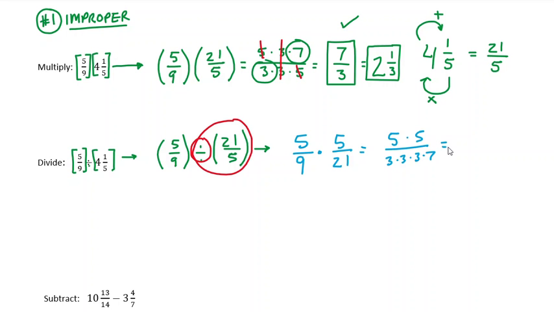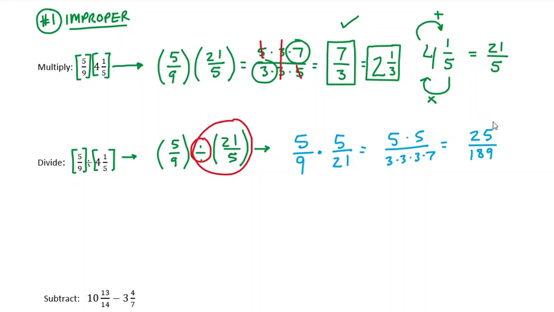So notice that this time there's no common factors because I flipped the fraction over and ended up with all the like terms on the same side, numerators or denominators. So 5 times 5 is 25, and 9 times 21, or 3 times 3 times 3 times 7 is 189.